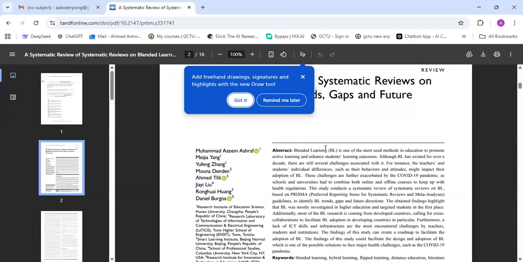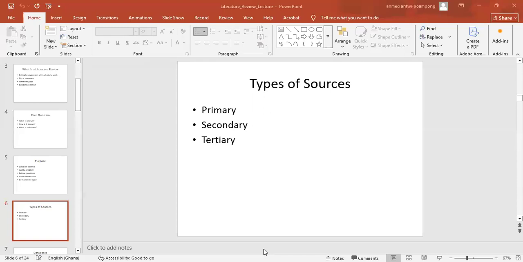Are you with me? Yes, sir. Now I'll stop sharing. So then we also have the tertiary sources. These are also like what?